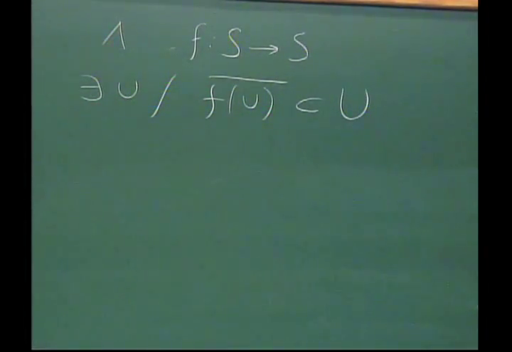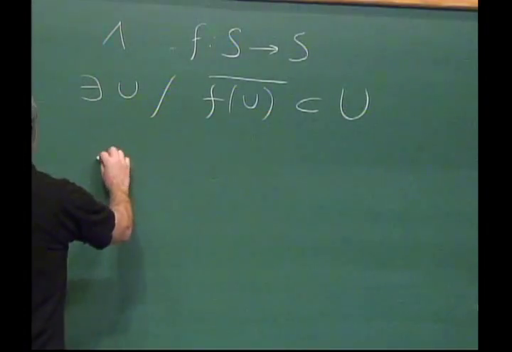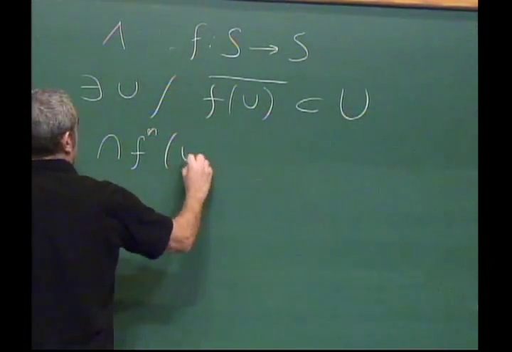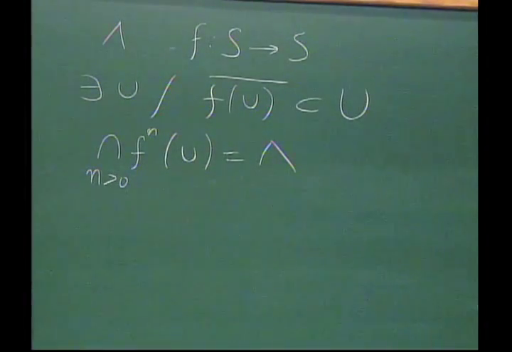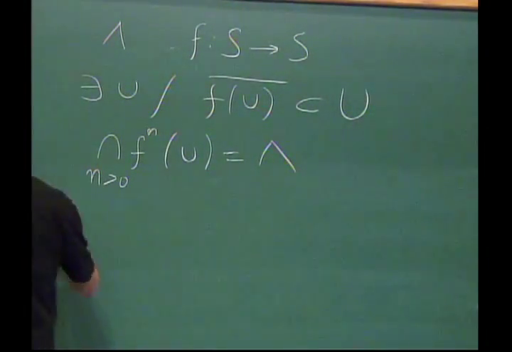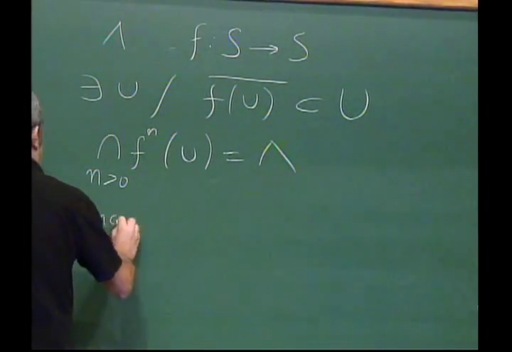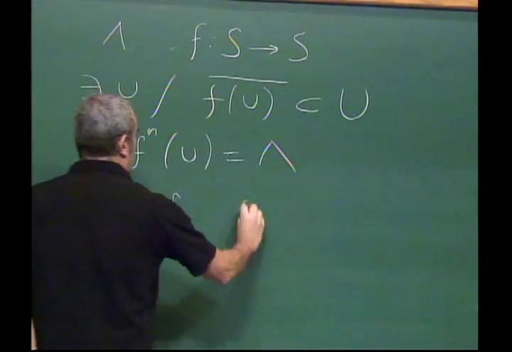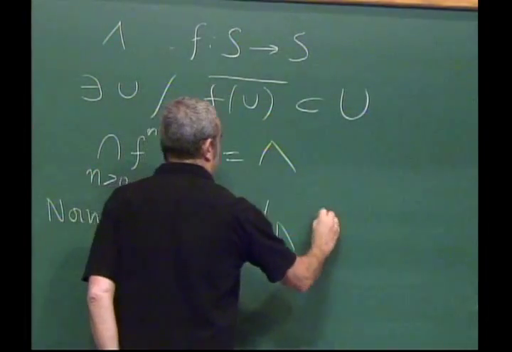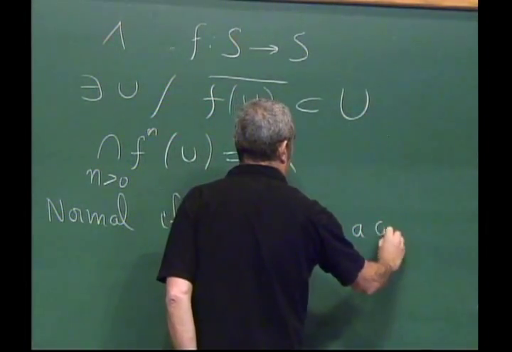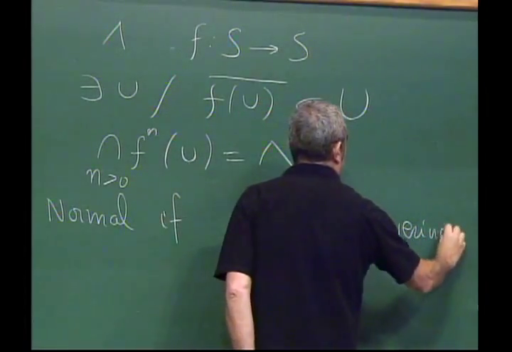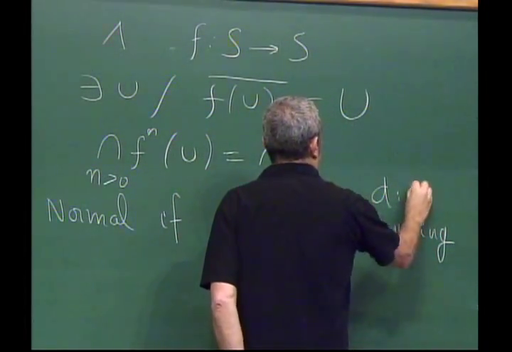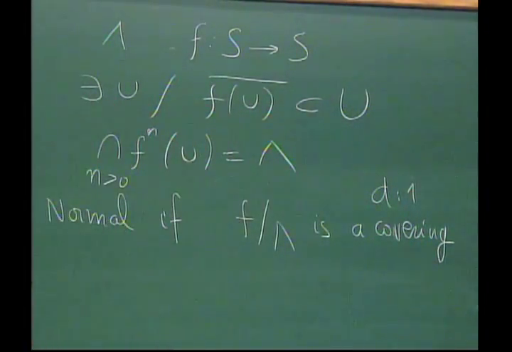And the intersection. We say that the attractor is normal whenever the restriction is a covering, a one covering, okay?